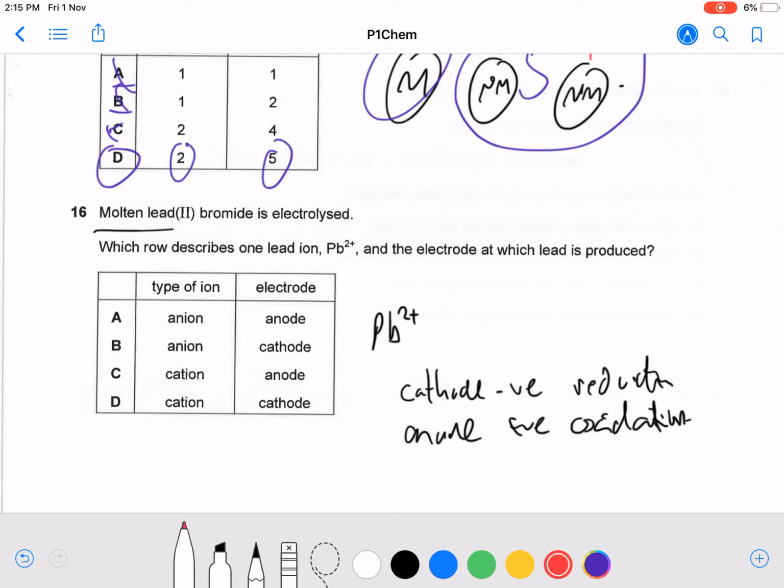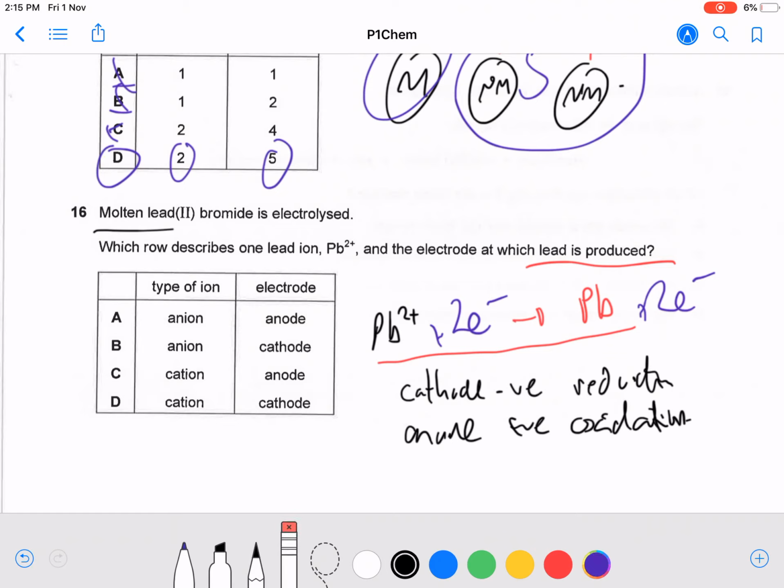So Pb2+ is going to become lead. Lead is produced. How do we balance this? Do we add 2 electrons here or 2 electrons here? Well, we add them on the left-hand side, don't we? Because now 2 plus minus 2, the 2 plus from the ion, minus 2 from the electrons, equals 0, and the 0 charge here. So the charge is balanced.